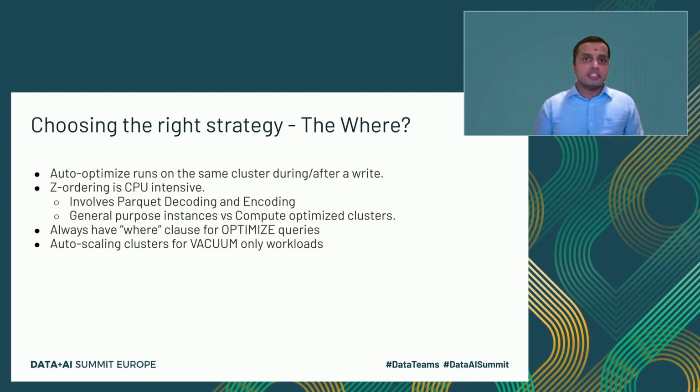One thing to note here is that both of these operations are compute intensive, which means they involve operations like Parquet decoding and encoding. So it's recommended we use compute intensive workloads, or you can also use general purpose instances which have better core to memory ratio.